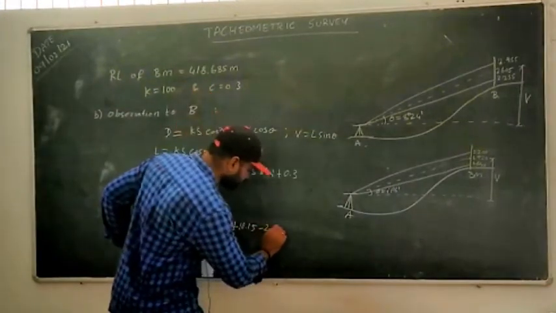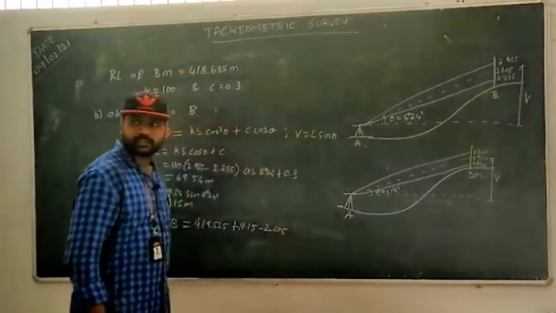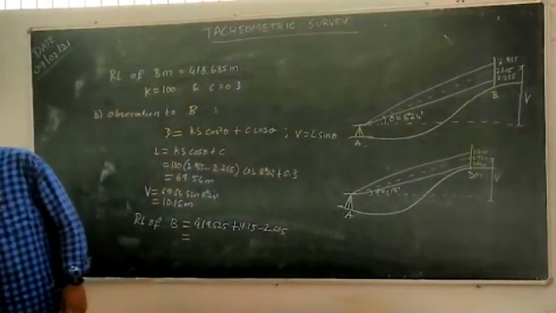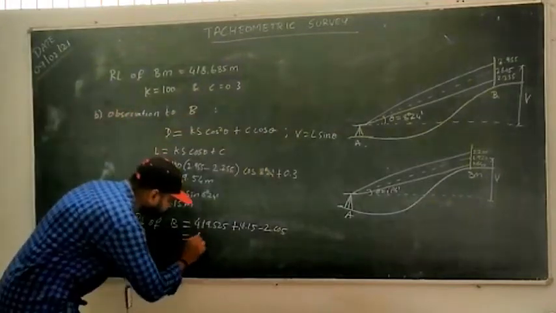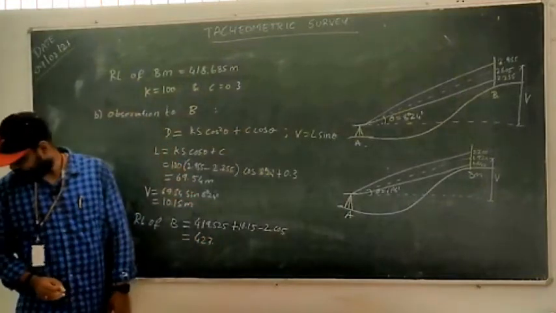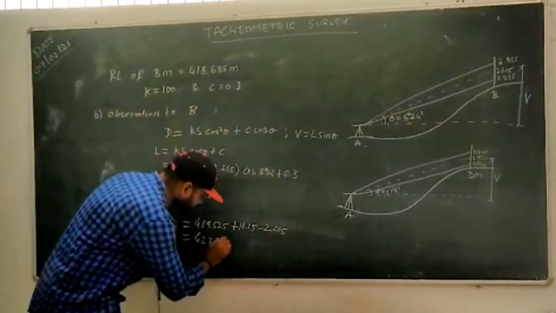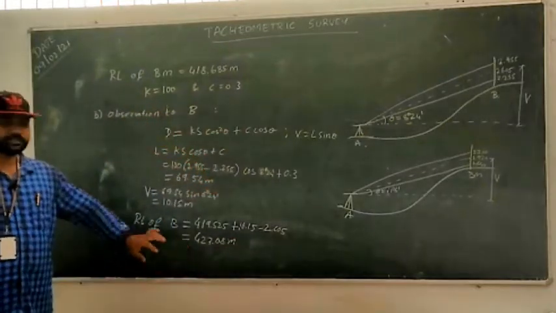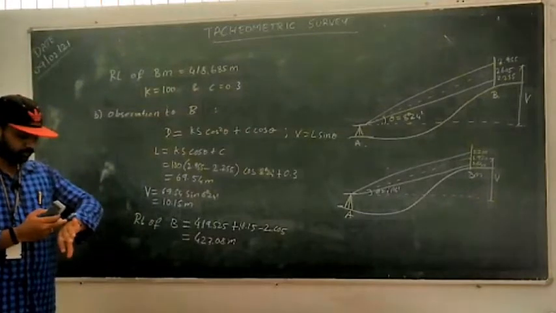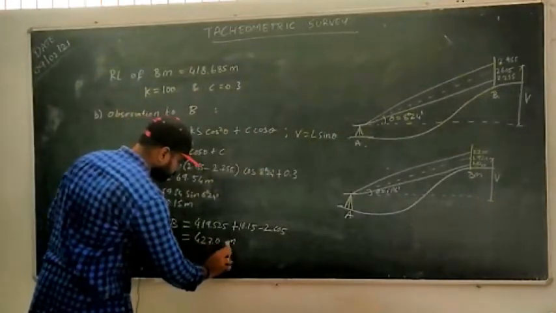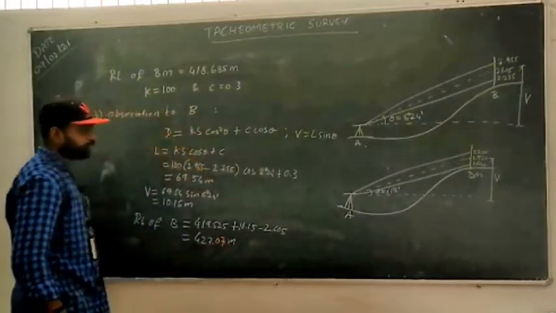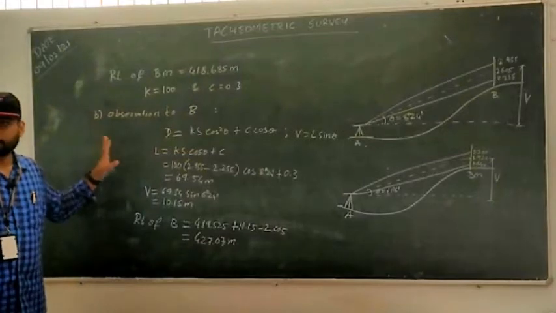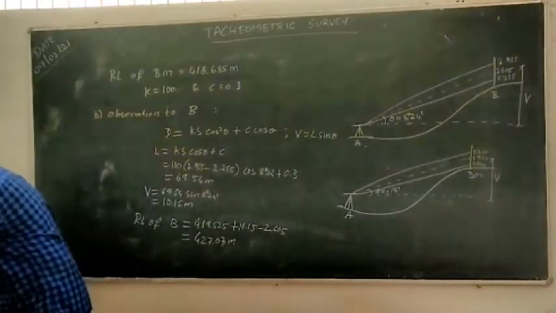Yes, exactly, minus 2.605. Okay, you got the concept. So like this you have to do. So finally, how much are you getting? 427.08 meters. Yes, are all of you getting this value? 07. Okay. So all of you understood this concept? Simple. Okay.